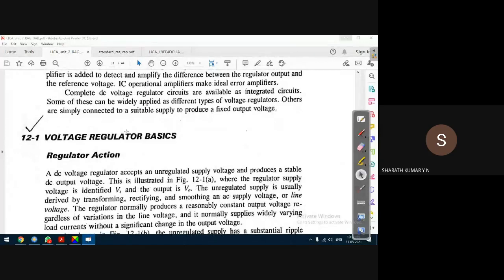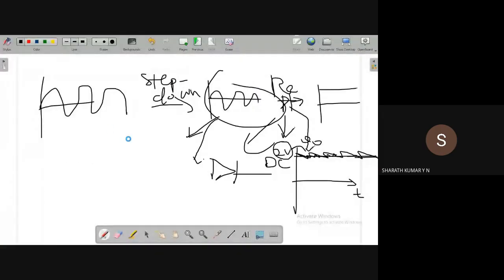That's why it's called a regulated power supply. In the ADC lab, for the transistor experiment, we had a DC supply called a regulated power supply, RPC. So it's called RPC units.